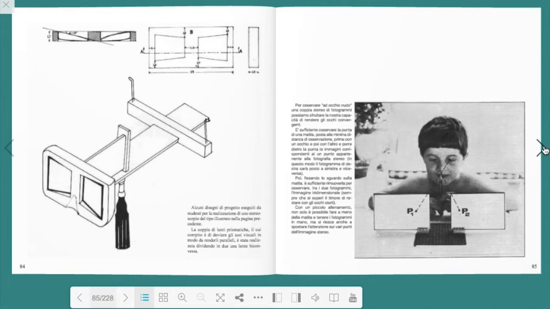Page 85. Captions. To observe a stereo pair of frames with the naked eye, we can take advantage of our ability to make the eyes converge. It is sufficient to observe the tip of a pencil, placed at the minimum viewing distance, first with one eye and then with the other, and to place behind the tip the images corresponding to a point belonging to the stereo photograph.